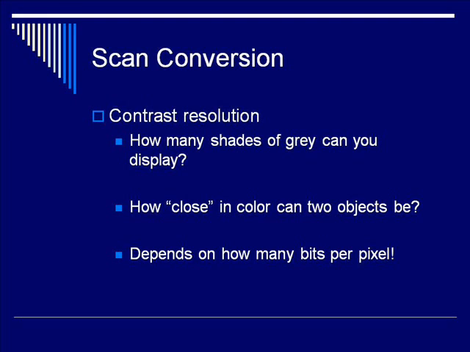Now, there are aspects of this that you can't control that have to do with the probe and wear and tear, but there are aspects of this you can control in terms of machine design, and that is how many bits are in each pixel, which is what we talked about earlier. Again, with 8 bits, that's 1 byte, you can get 256 different shades of gray, and with 10 bits, you can get 1024 shades of gray.